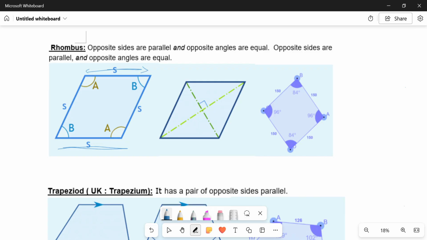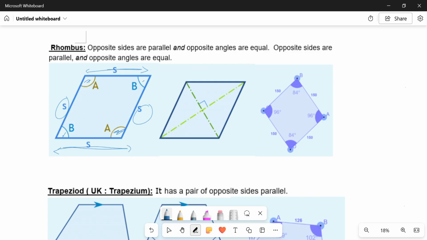They never meet. And then the other S and S, this side, they are also parallel, right? So angle A and that A are equal, and B and that B are also equal. Okay, opposite sides are parallel and opposite angles are equal here.